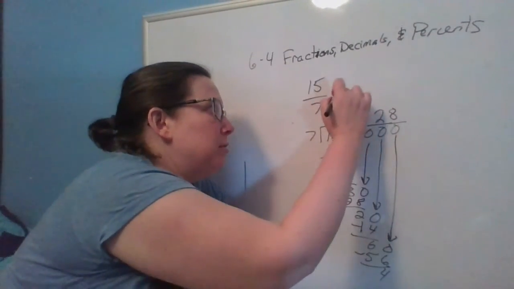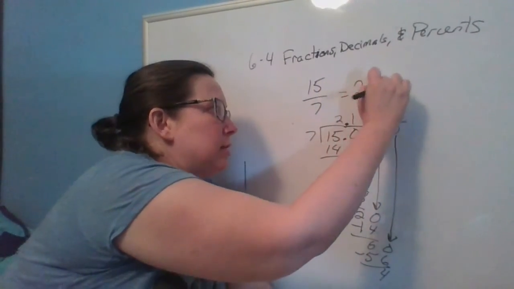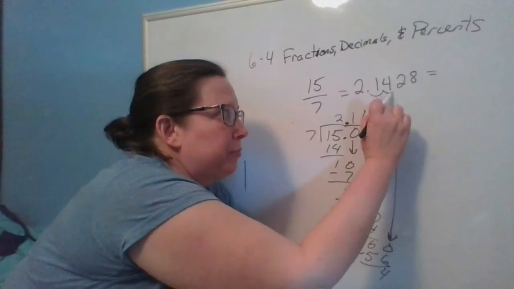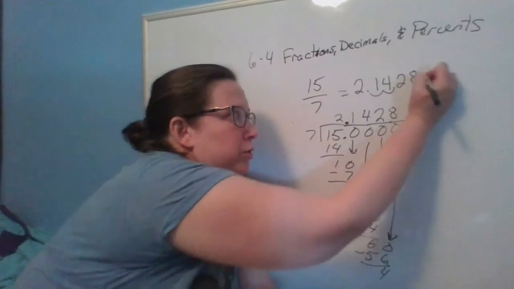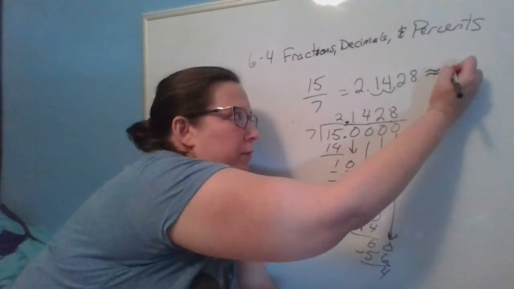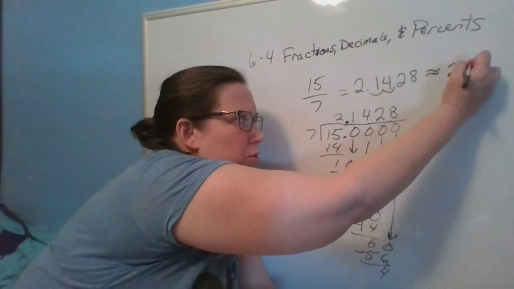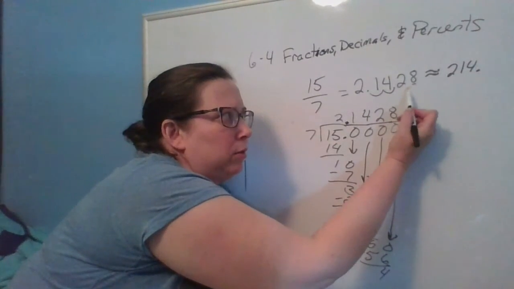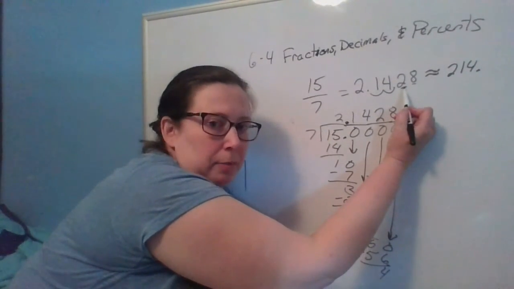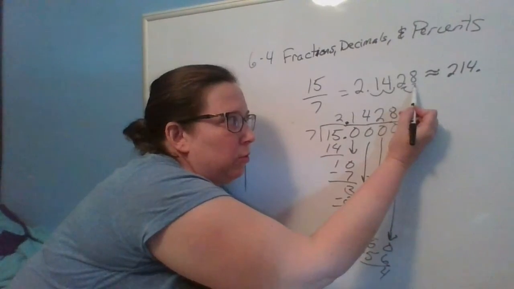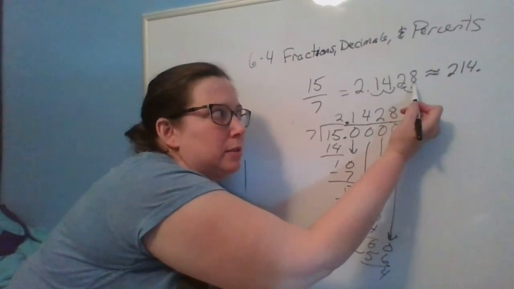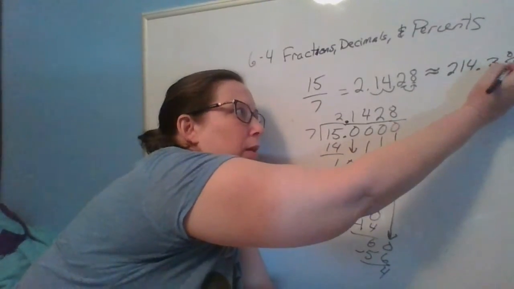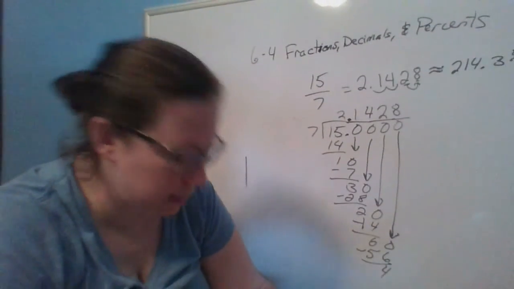All right, so now this is the decimal that this equals, but we're going to change it into a percent. So we're going to move that over 2, and actually we're going to round here and say this is 214, and we are going to look to see, are we going to keep that at 2 or bump it to a 3? We look to the right to tell. This is 5 or higher, which means that's going to bump to a 3. And we get 214.3%.